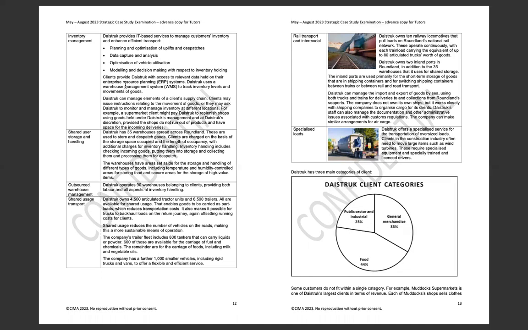We are told that clients provide Daistruk with access to relevant data held on their enterprise resource planning systems. Daistruk uses a warehouse management system to track inventory levels and movement of goods. Right? Daistruk can manage elements of a client's supply chain. Clients may issue instructions relating to the movement. How do they issue these instructions? Or they may ask Daistruk to monitor and manage inventory at different locations.